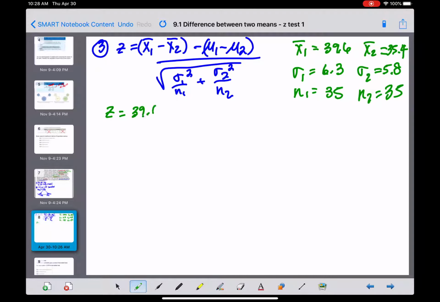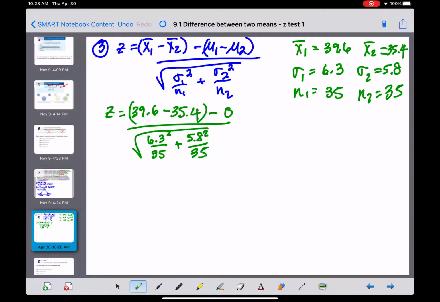Now we plug those in to find our test statistic. So 39.6 minus 35.4. The mu1 minus mu2, remember, is just 0. Then we have 6.3 squared over 35 plus 5.8 squared over 35. When you solve that, you get 2.90 as our z. So let's go back over here.